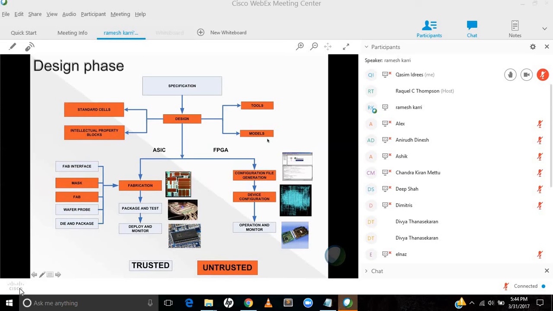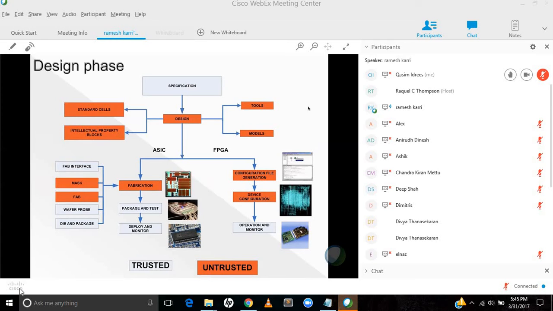So this is what I want you to do. I think Siddharth Garg and Jay Vijayan and somebody else are organizing what's called the Hack at DAC. You know that, right? So you may want to come up with interesting ways of compromising tools.